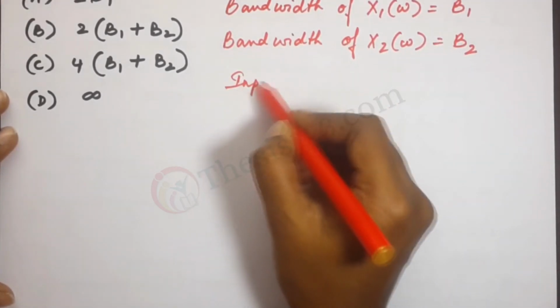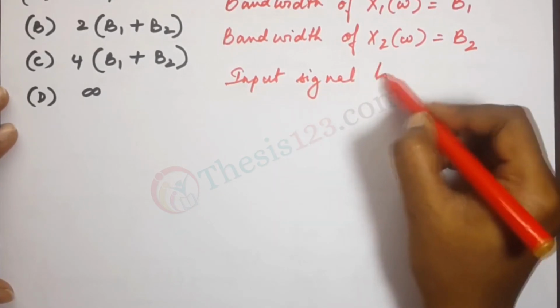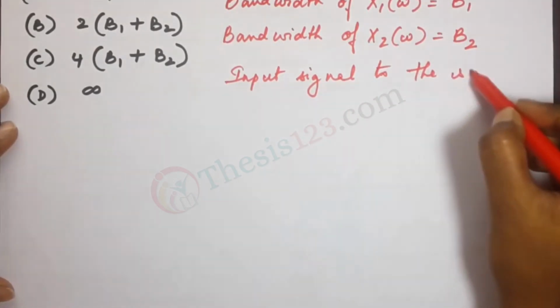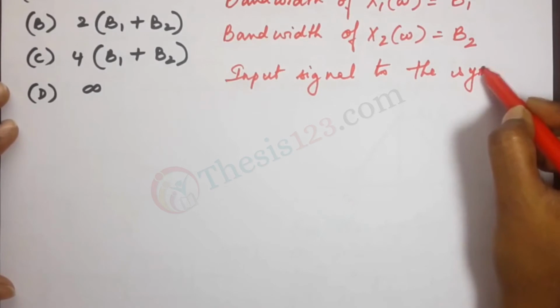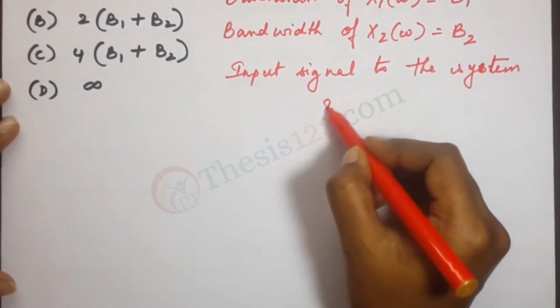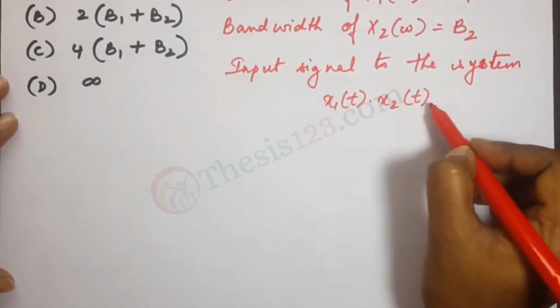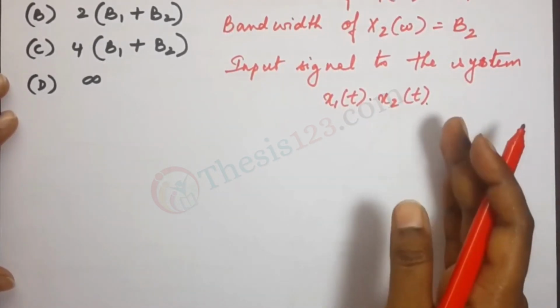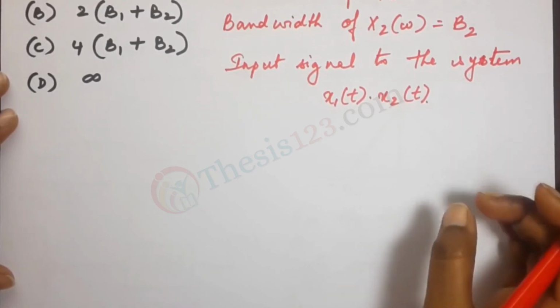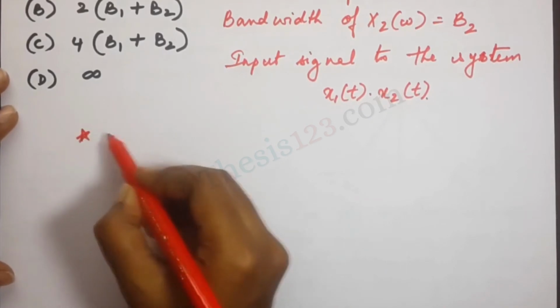And we also have that our input signal to the given system is x1 of t into x2 of t. So the bandwidths are added in order to get the highest frequency response. Okay, that's an important point.